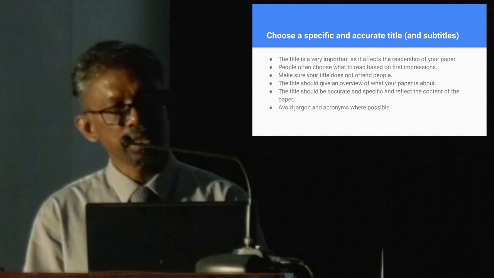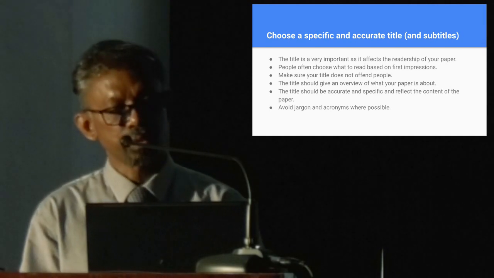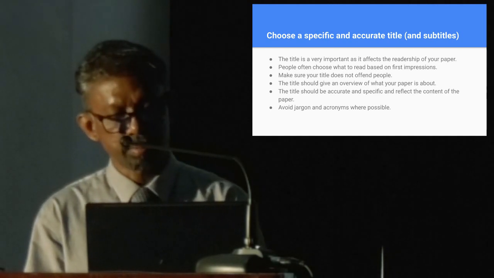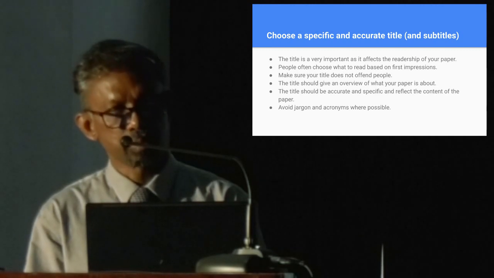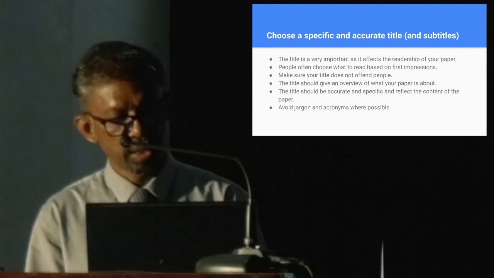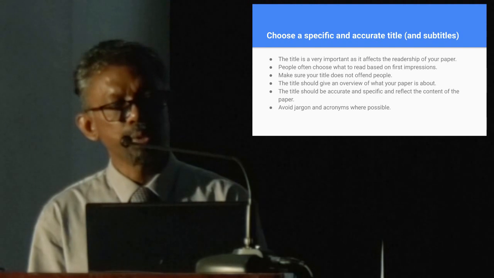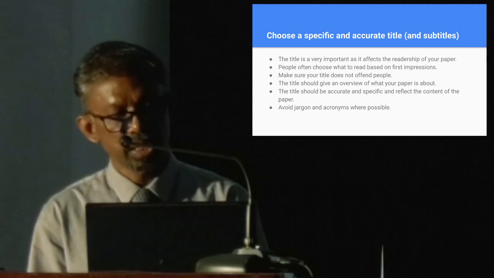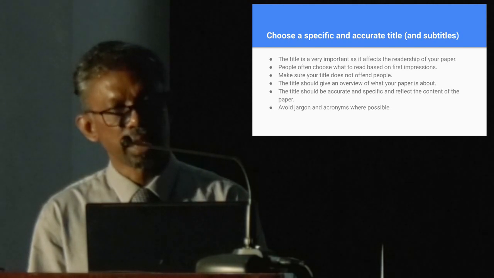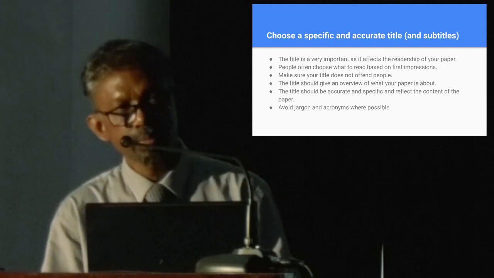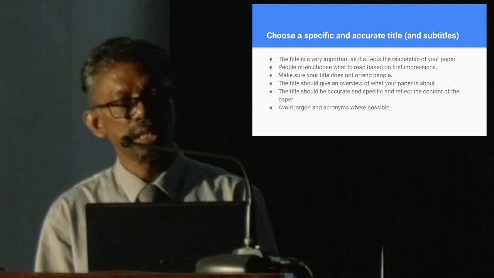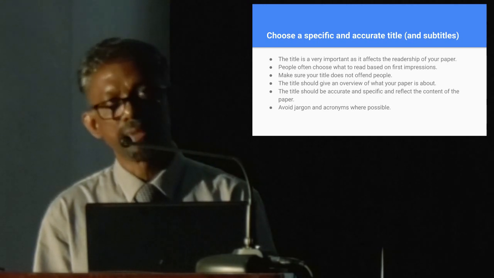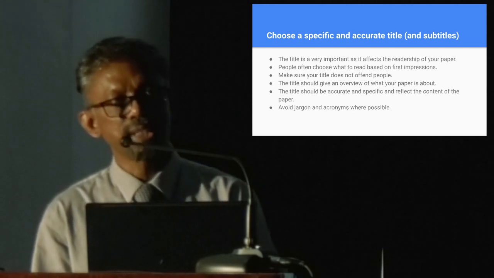And of course the title should be accurate to the extent of what is being presented in the paper, and must have a very close match. And also it's very important to avoid jargon and acronyms in titles. Of course, when it comes to acronyms, there are certain acronyms that are no longer considered as acronyms.